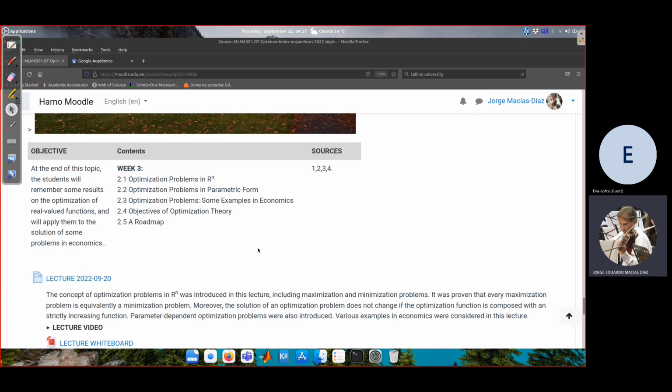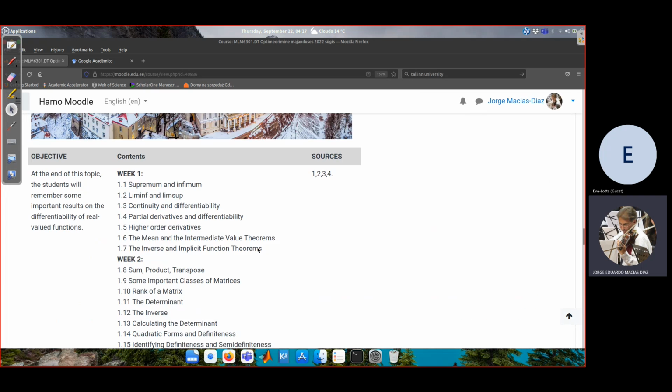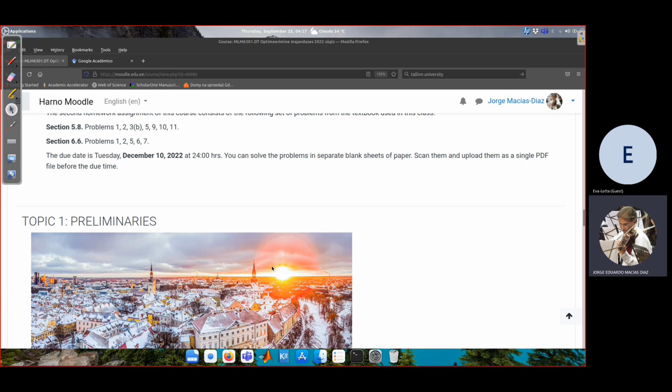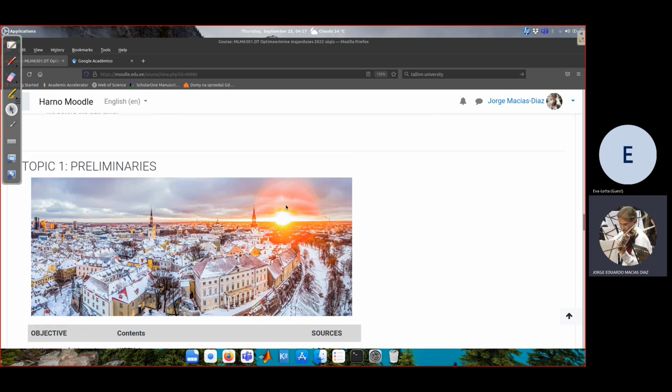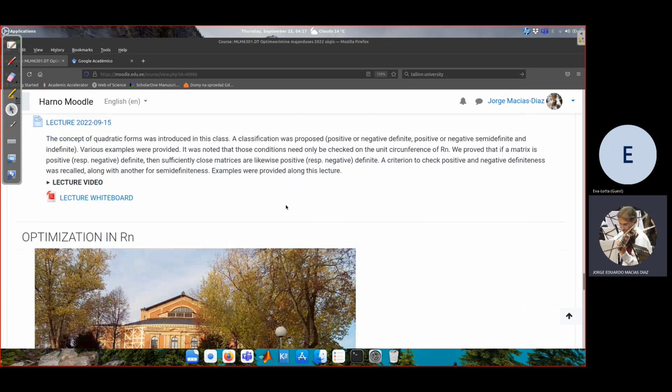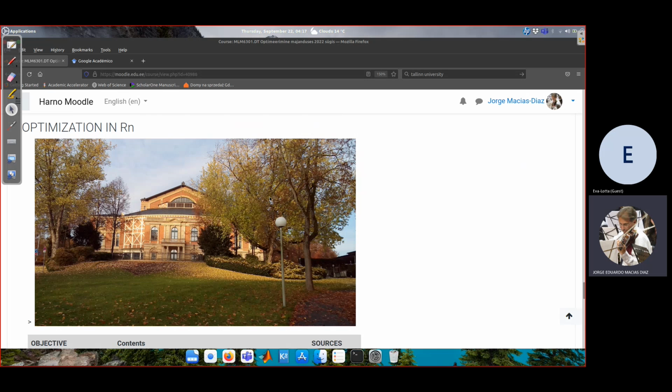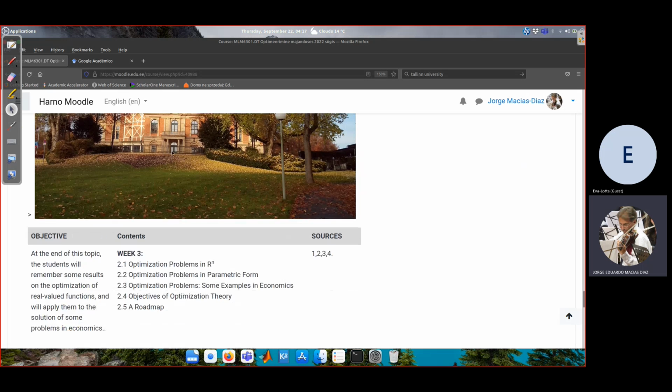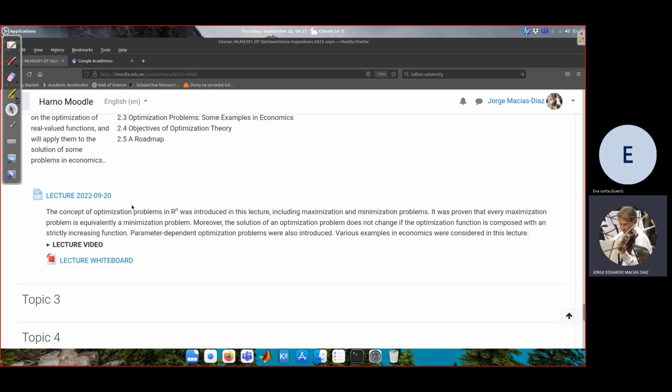This is the Moodle page, and as you can see, we have already covered the first topic. Today we are covering the second topic, which is optimization in Rn. We gave some theory, last time we started with some examples, and today will be the last lecture for this topic. So we're going to continue with more examples. That's the idea of the class.